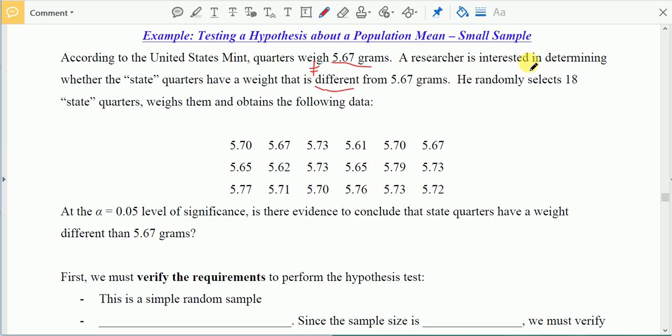The way they do that is he randomly selects 18 state quarters, weighs them, and obtains the following data, 18 of them. With a level of significance 0.05, is there enough evidence to conclude that the state quarters have a weight that is different from 5.67 grams?